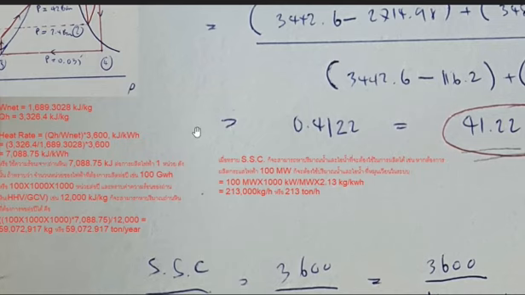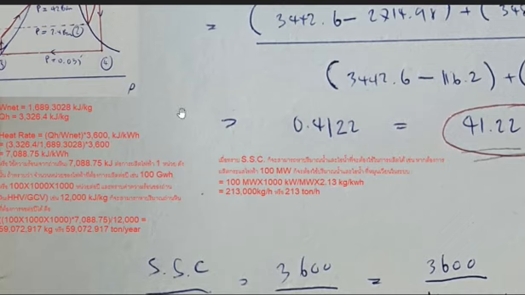It means that we need the heat from coal or from whatever fuel, 7088.75 kilojoule, to produce 1 unit of electricity, or 1 kilowatt hour.